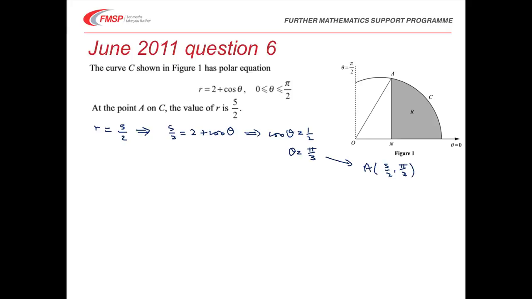Before we start thinking about the shaded area R, we need to find the area of the sector that contains the initial line, O to A, and the polar curve itself. So we're now going to find the area of that sector, quoting the formula, 1/2 the integral of r squared d theta.